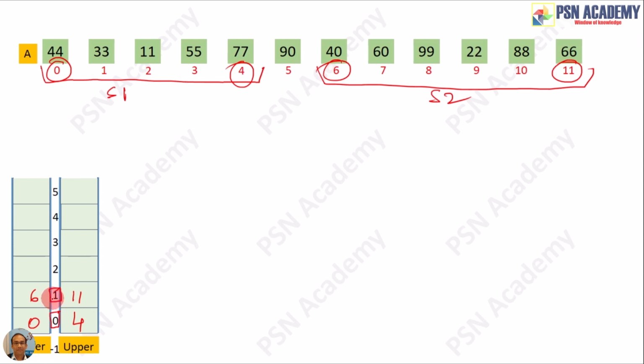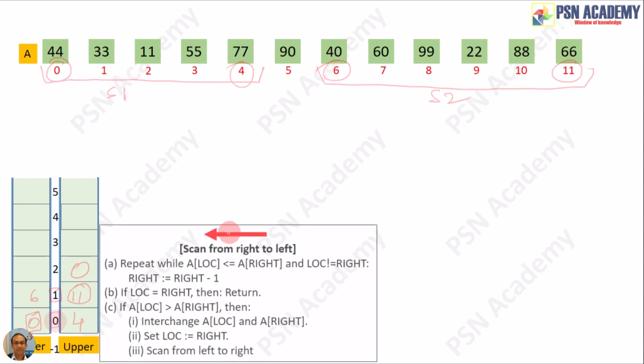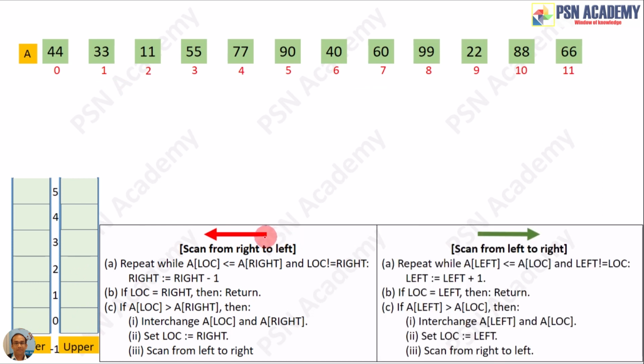It should not happen that 0 is the lower index of one sublist and its upper index is somewhere here or here. It will not go like that. We have two scanning businesses in this algorithm. To scan means you have to start from the right towards the left and compare the element with which you are trying to compare.